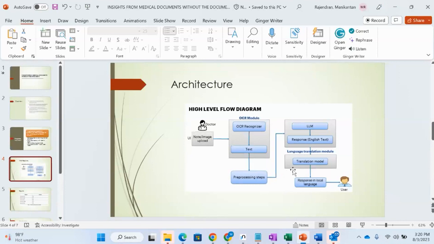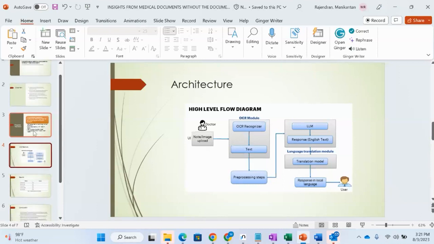Not everyone knows all the languages in the country, so this translation model helps convert any language, or English, into our native language so that we can understand easily. The summary of documents, like history documents, is very helpful for the end user. Next slide.